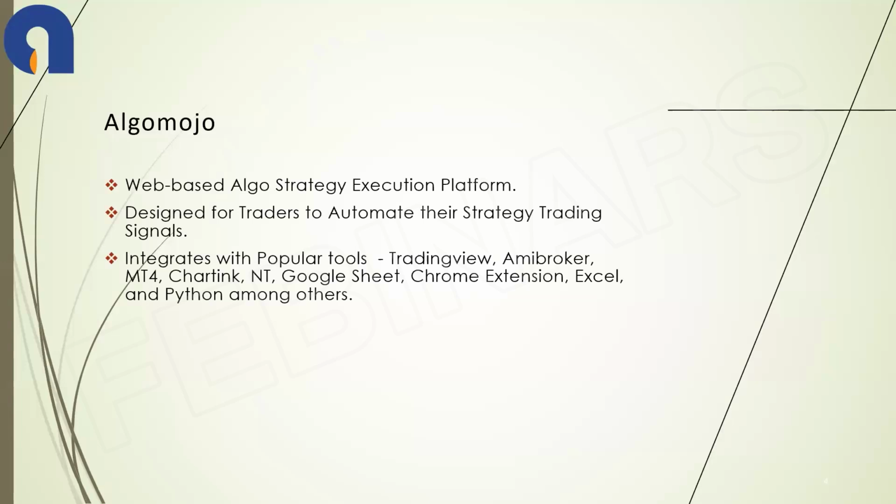It is integrated with popular tools such as TradingView, Amibroker, MT4, Charting, NinjaTrader. Of course, there are some Google Sheet and Chrome extensions also available. There's an integration done with Excel also. And if anybody is familiar with Python, you could use our Python APIs to automate your orders.